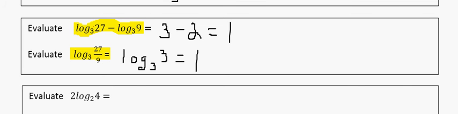Let's take a look at what we did. We took our two arguments, the 27 and the 9, and we divided them. So when we had two logarithms that were subtracted, we brought them together under one logarithm where we divided the arguments. Once again, think back to exponentials.